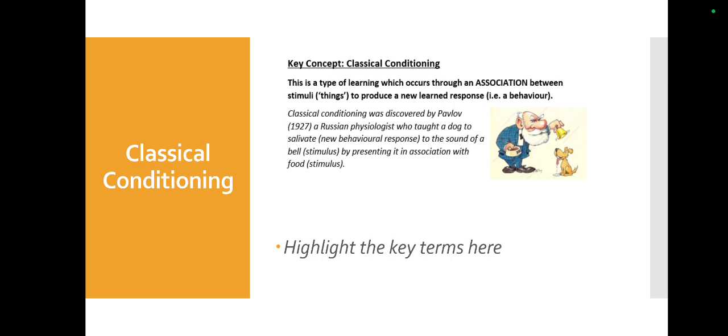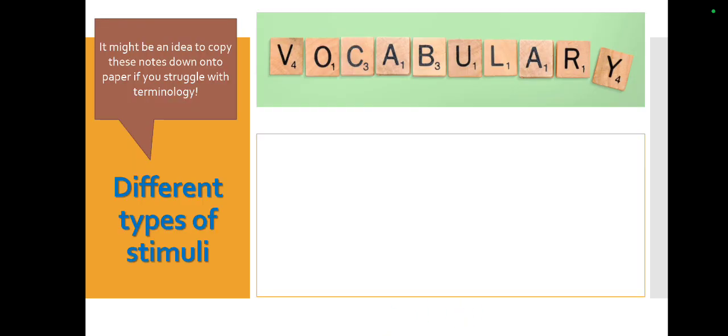Now, what originally happened with Pavlov is that he noticed he could train dogs to salivate to the sound of a bell, because the dogs were used to salivating to the food, and Pavlov found that if he paired the bell at the same time as the food, then they would learn that the bell meant the food, which would ultimately result in salivation without any food being present. So that's what we mean by learning through association. Those dogs learnt a new response, salivation, to a particular stimulus, which in this case was the bell.